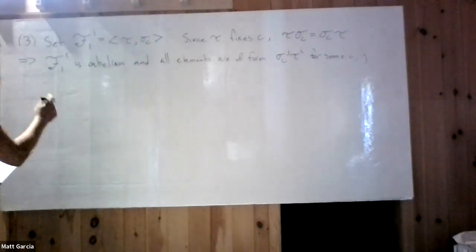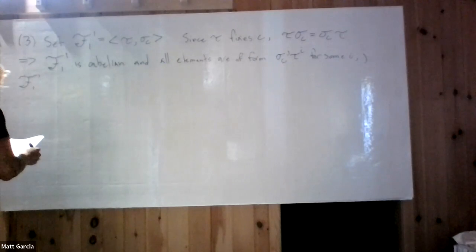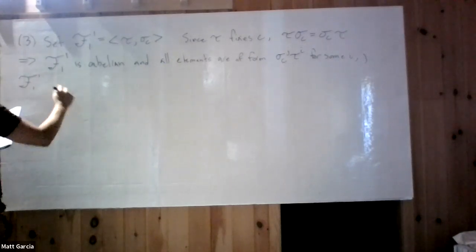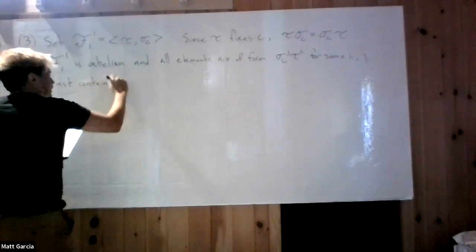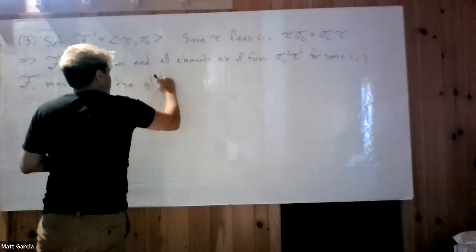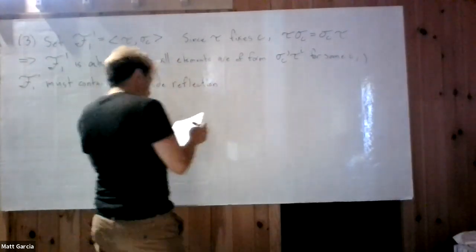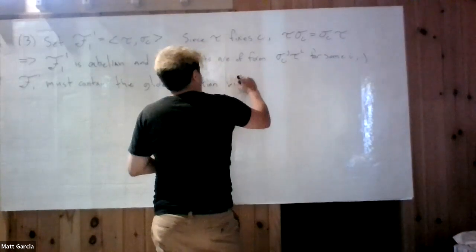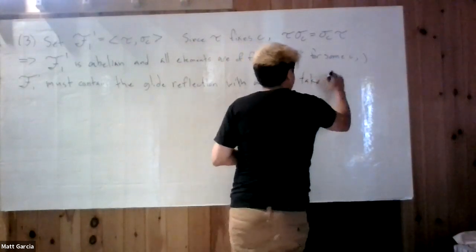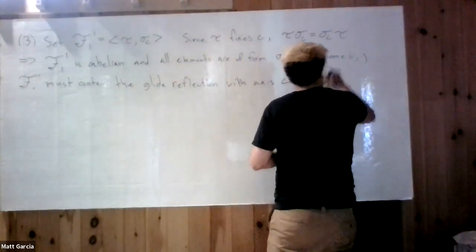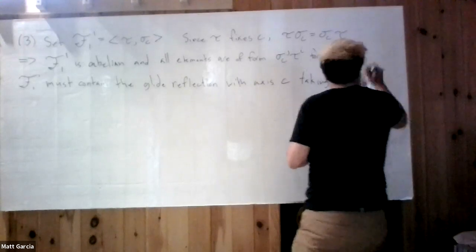Here are some other observations about F11. F11 must contain the glide reflection with axis C, taking A to A sub n.